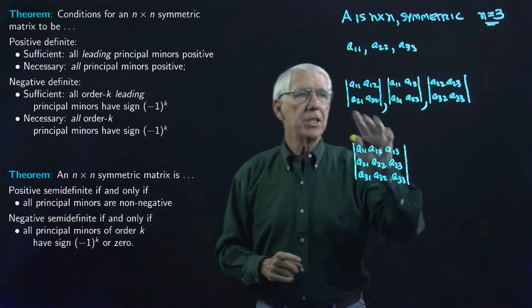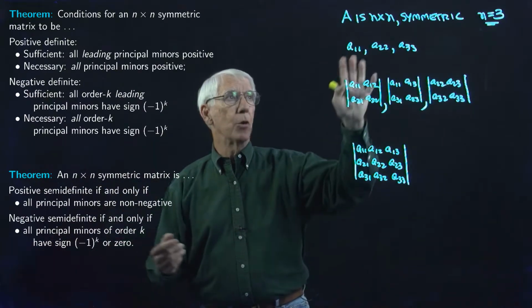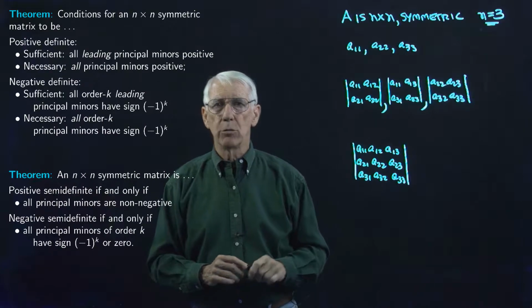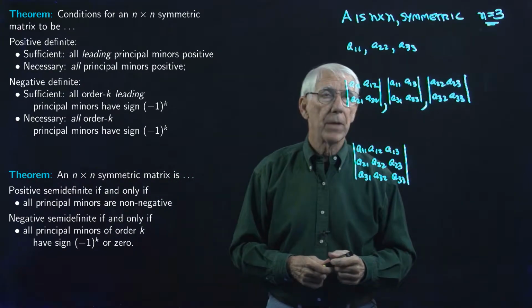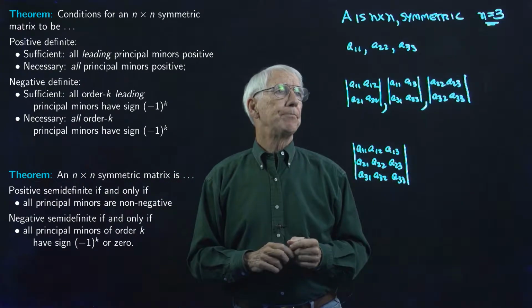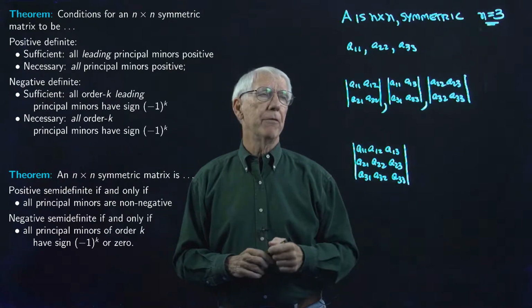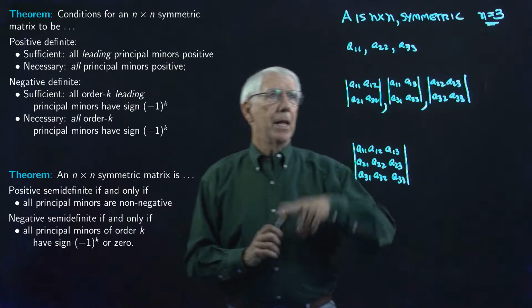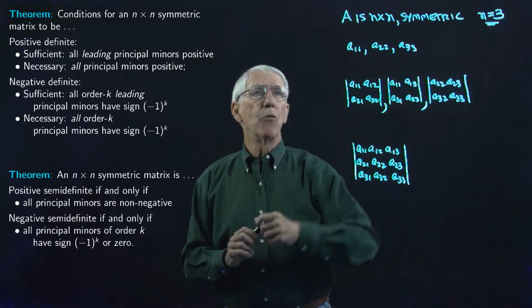So let's come over here and see how this theorem works out in the n equals 3 case, and then we'll just quickly say something about the n equals 4 case so we can see how it works in general. So first, let's actually look at these 7 principal minors. Notice that these are the principal minors of order 1.